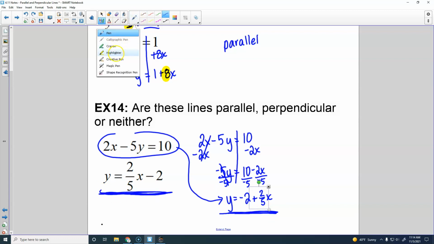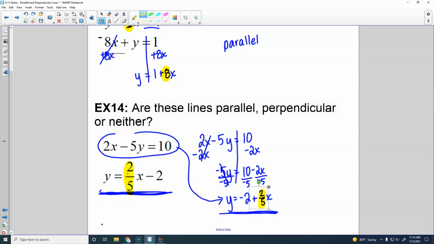Passion, what is the slope of that line where we just solved for y? It's the number next to the x, so it's 2/5. It's out of order, but whatever number is next to your x is going to be your slope. Over here, what's my slope? 2 over 5. Also 2 over 5.